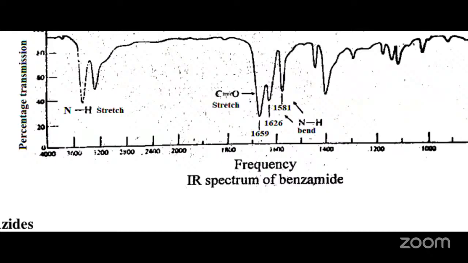The NH bending frequency is observed at 1581, the CO stretching frequency is observed at 1659, and the NH stretching frequency is observed at 3420 or so. And this band is for CH stretching.